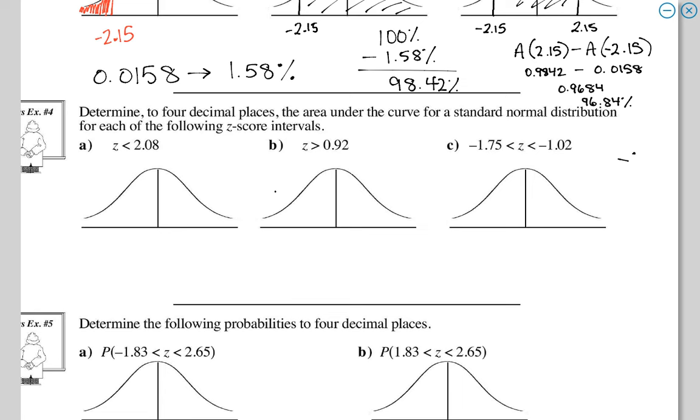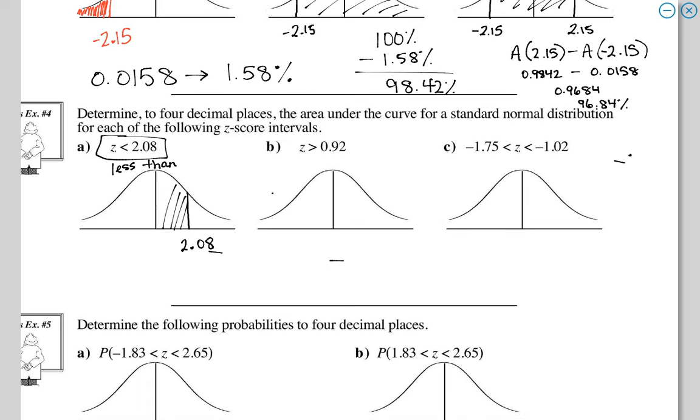Okay, A and B, let's do these. Let's find 2.08. It's asking, again, just help with the basics, I want the area for the Z-score less than 2.08. See, less than. The best part about the less than is that's exactly what the chart does.